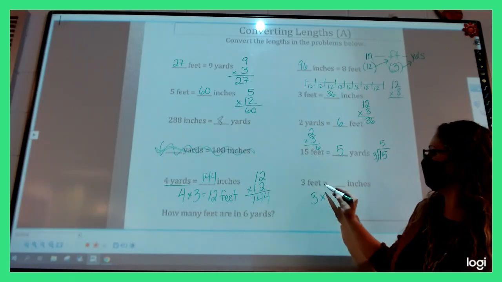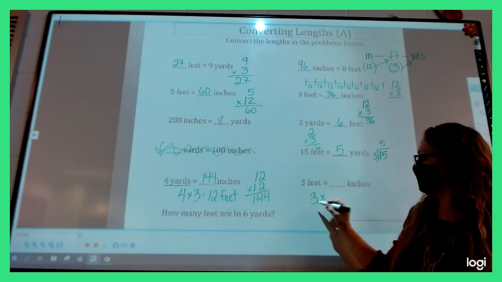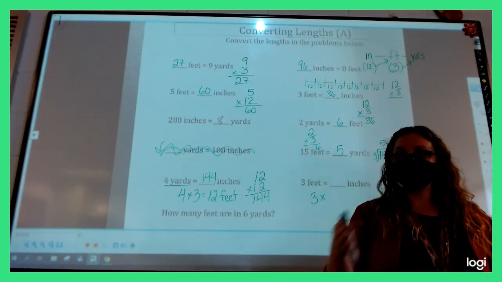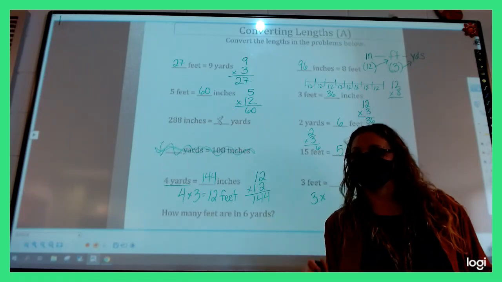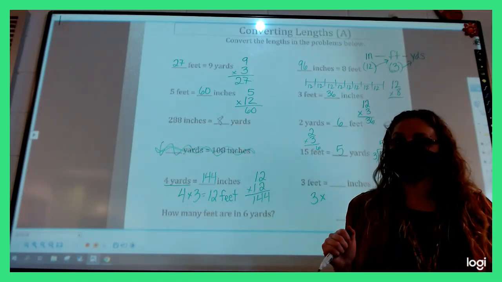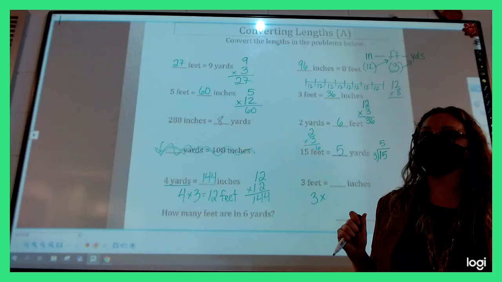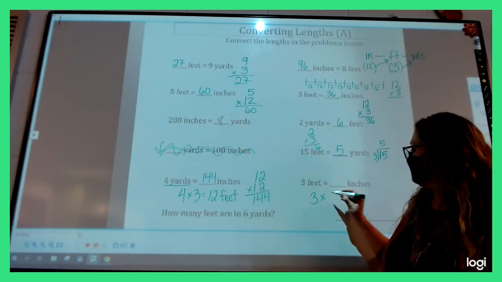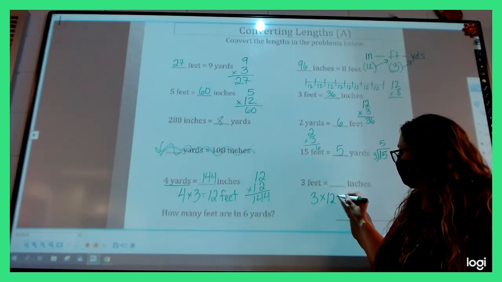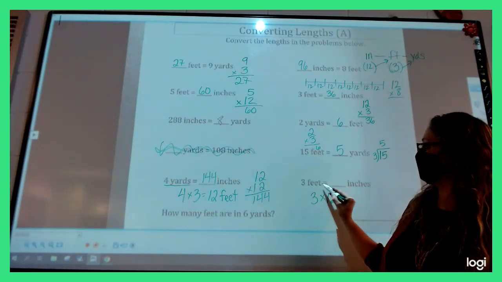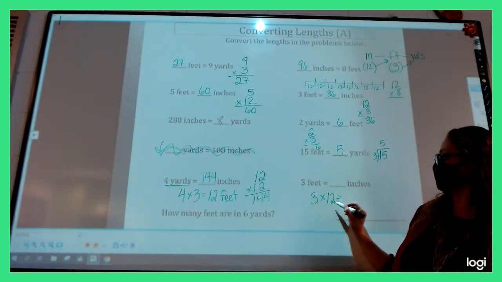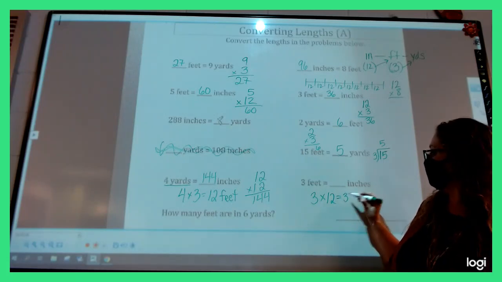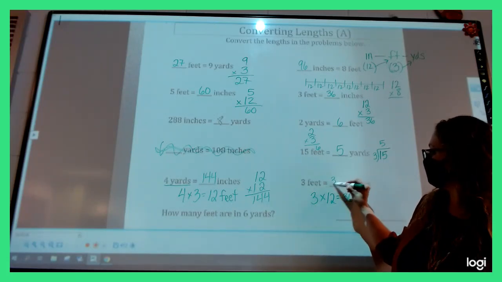Well, we have 3 feet. We want to change it to inches. So if I have 3 feet, what do I multiply that by to see how many inches are there? How many inches are in 1 foot? 12. So if we do 3 times 12, we have 12 inches in each foot and we have 3 feet. So 3 times 12 will work. And that would be 36 inches.